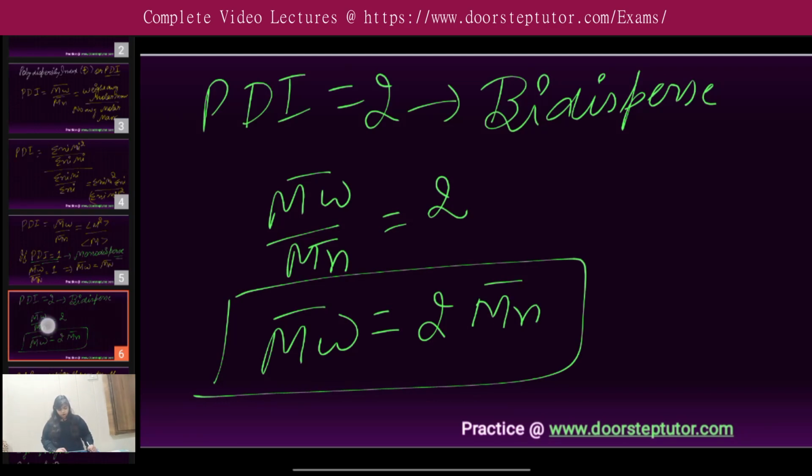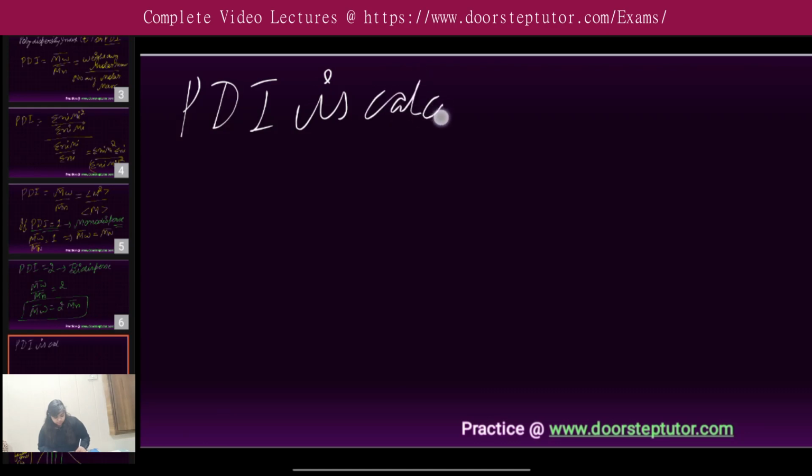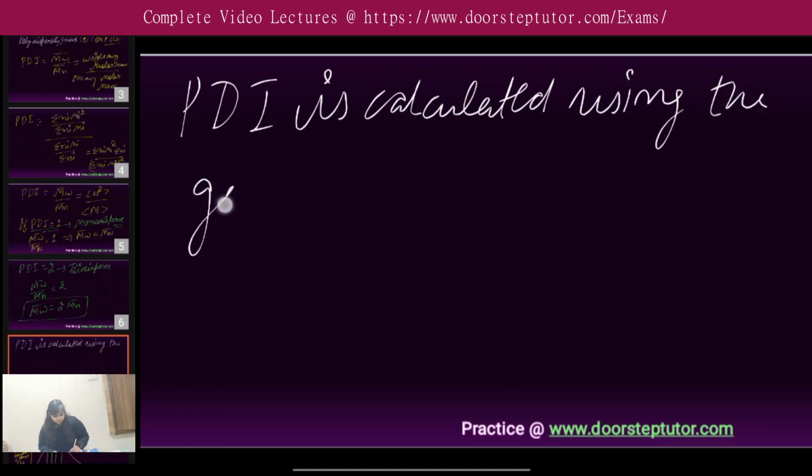Okay, so how can we calculate this PDI? What experimental techniques can we make use of to find out these PDI values? The PDI values can be calculated using gel permeation chromatography, a technique that is used to find the polydispersity index values.